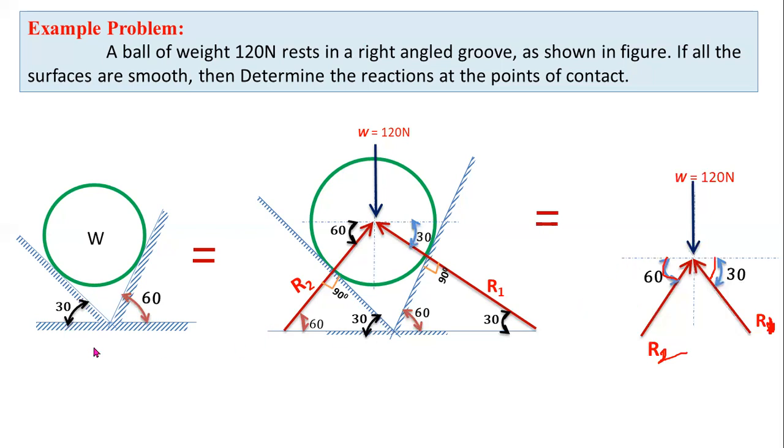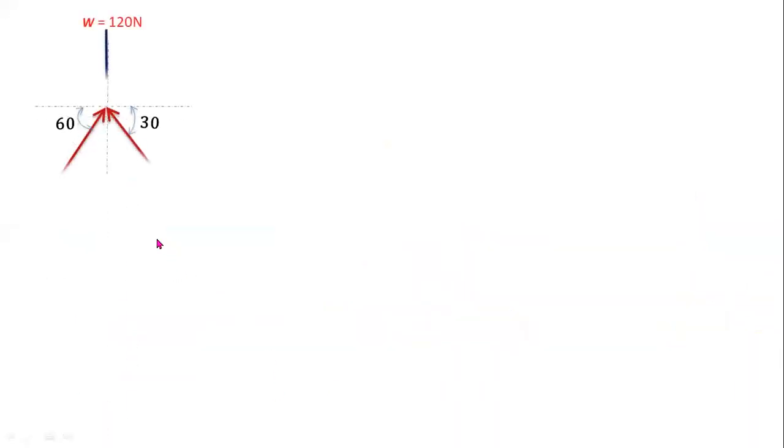Now you have to apply Lami's theorem to this free body diagram. Here you can observe R1 and R2 are the two unknowns and W is a known value. So by applying Lami's equation, you can get the values of R1 and R2. First of all, you have to consider the total angle between two forces.